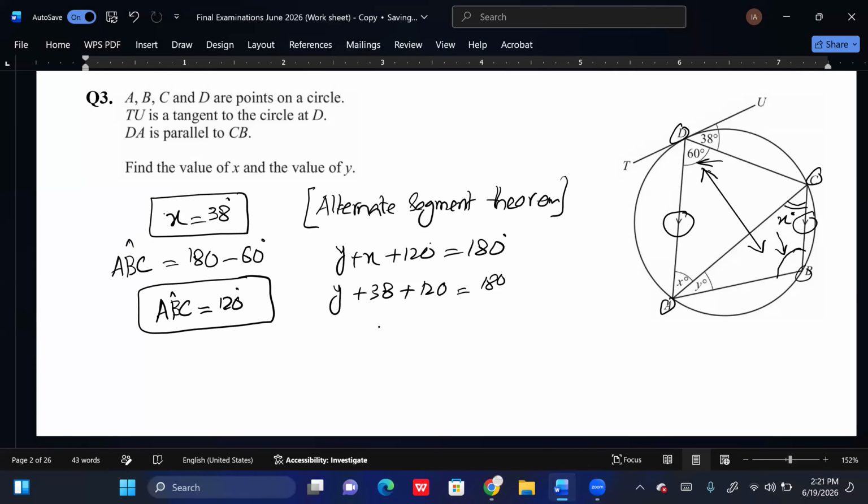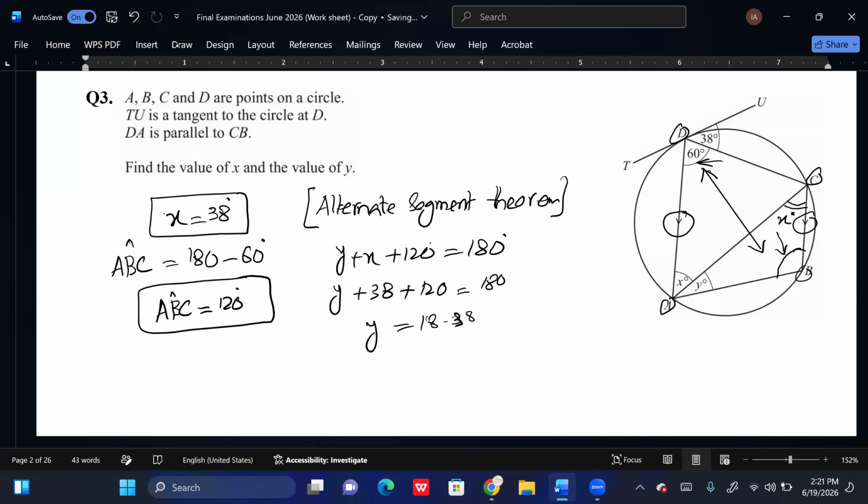So Y is going to be... so Y is that is 38.